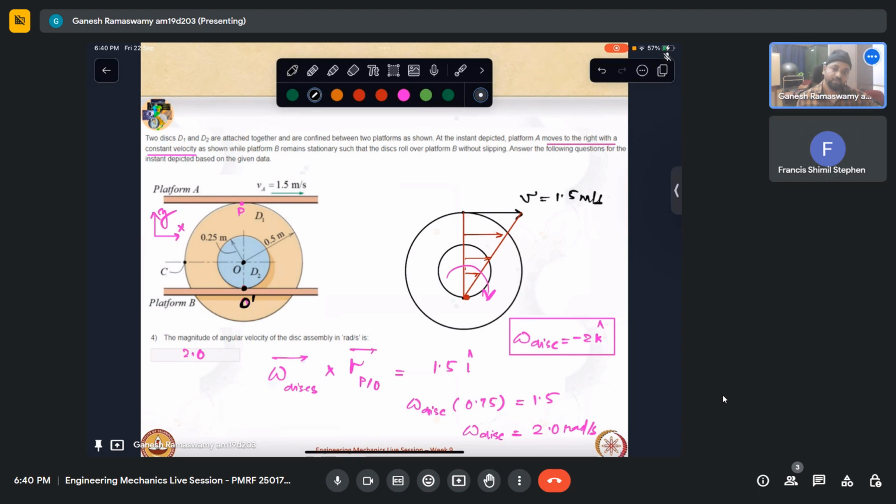Why is that so? Let us say you have a wheel. It is rotating on a floor which is stationary. It is rolling without slipping. Now, is it necessary that the floor has to move? The floor can be stationary and the disk can roll on it without slipping.